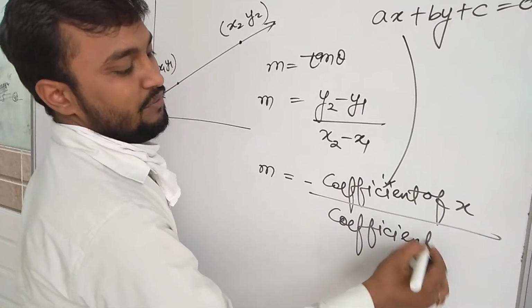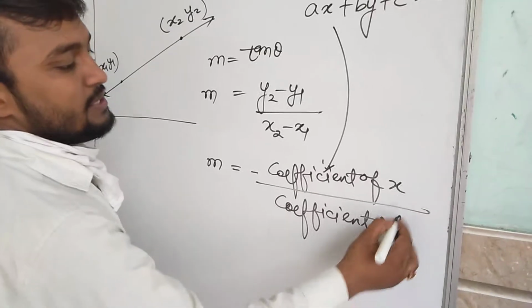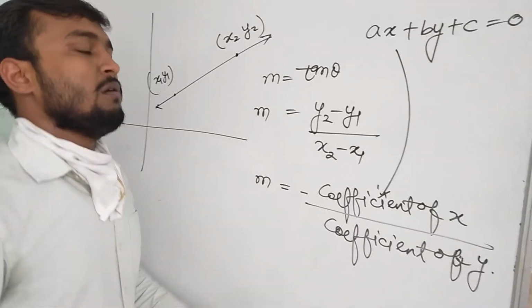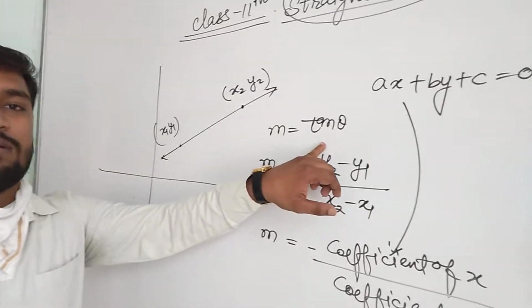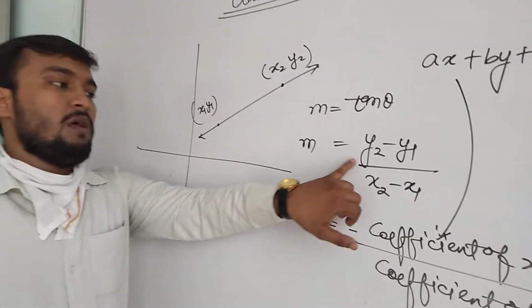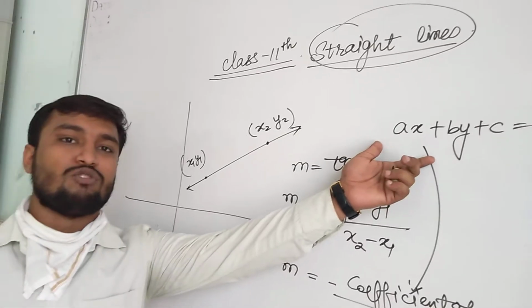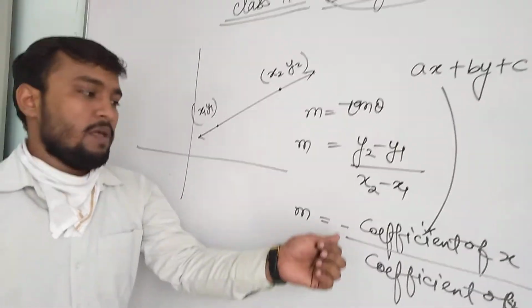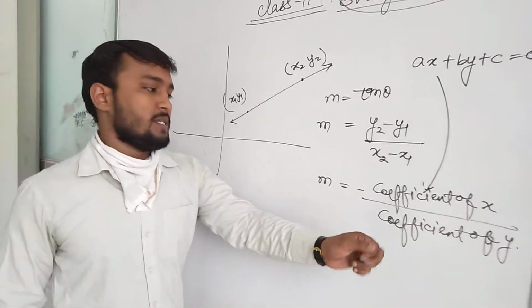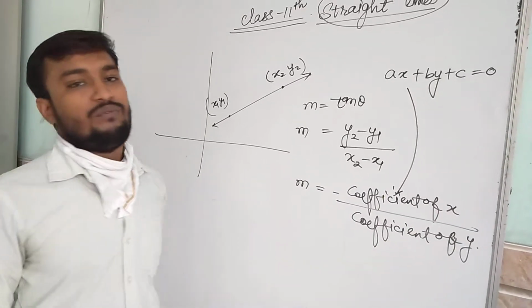Okay students, we have these three formulas of slope. What are they? First is tan theta, second is y2 minus y1 upon x2 minus x1, and last, if we are given the general expression of a line, minus coefficient of x whole upon coefficient of y.